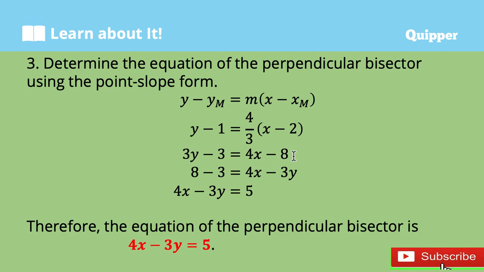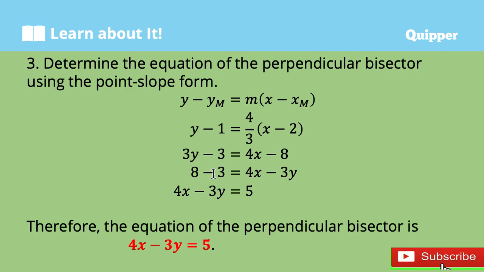And then separating the variable terms and the constant term, so we have here 4x, then transpose this 3y to the other side, it becomes negative 3y, so you have minus 3y. And for the other side, the remaining is negative 3. Transpose this negative 8 to the other side, it becomes positive 8.